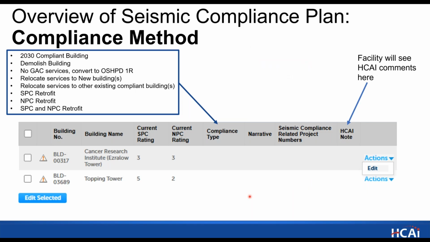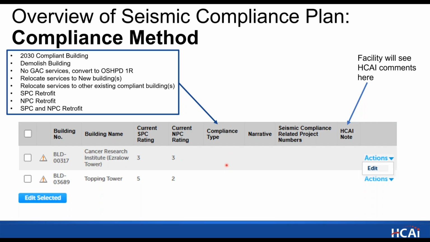Okay, so the two tables that I mentioned earlier, this is the first one, the compliance method table, which goes building by building. Once you start the application, all the buildings in your facility will be pre-populated for you. So you don't need to enter how many buildings you have, or the building names, or the SPC/NPC rating. Those will all be there once you start the application.